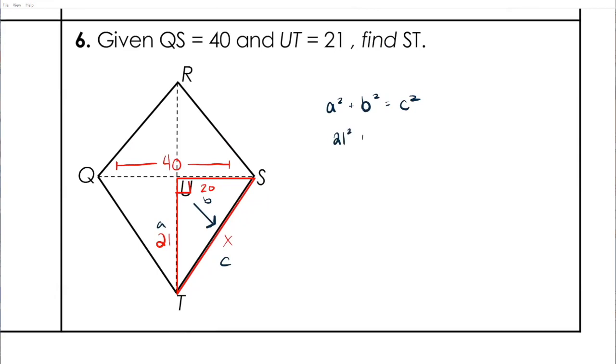So 21 squared plus 20 squared is x squared. 21 squared is 441. And then 20 squared is 400. And then we add those two together to get 841.